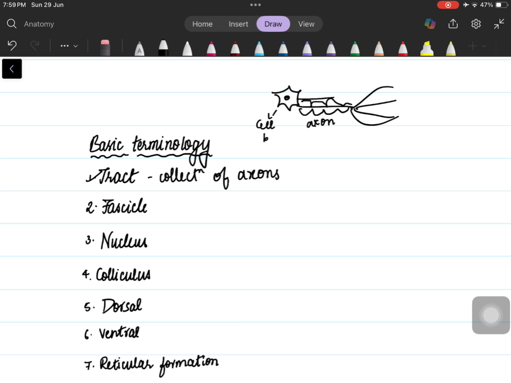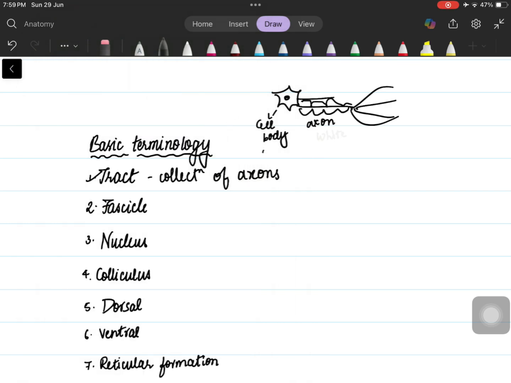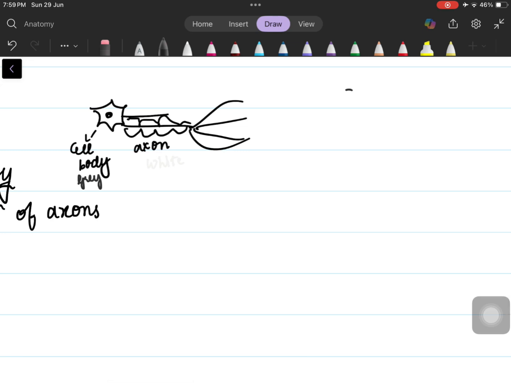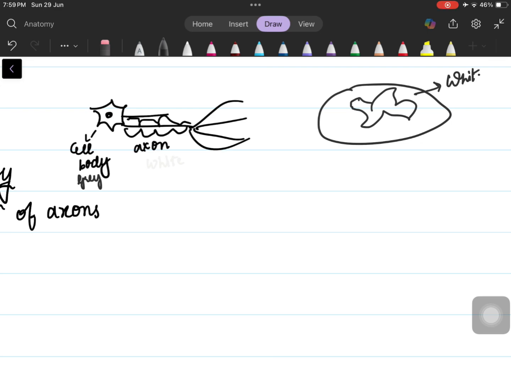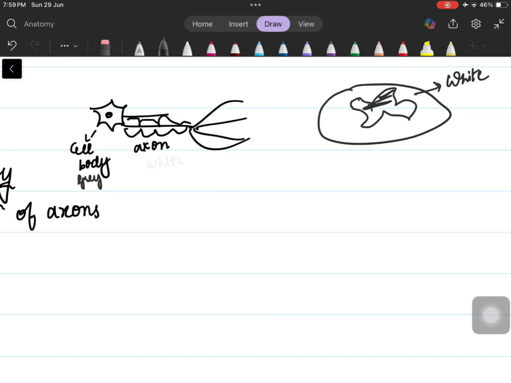Here's a simple fact. Axons appear white, while cell bodies appear gray. So when you say white matter, like if you look at spinal cord, it's white on the outside and gray on the inside. So what does that mean?